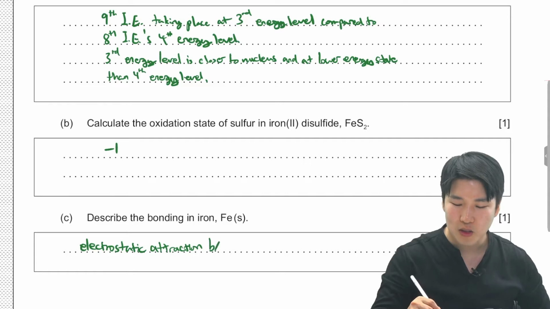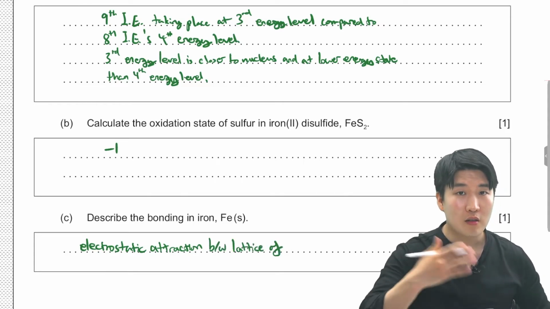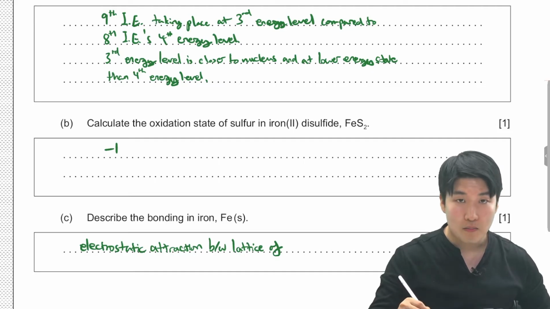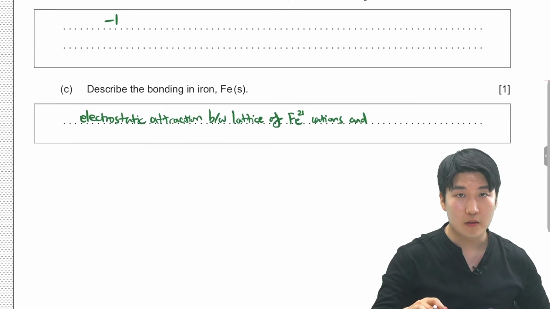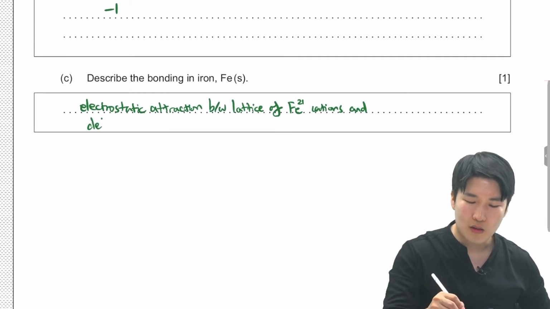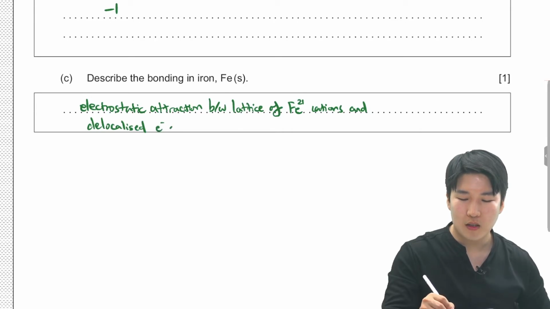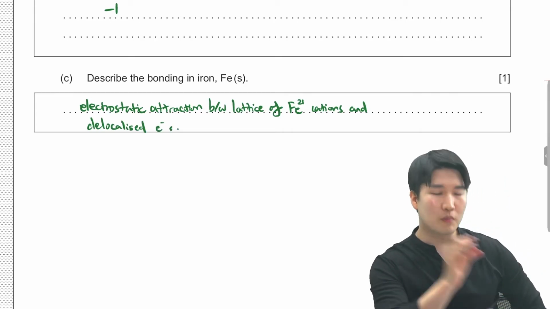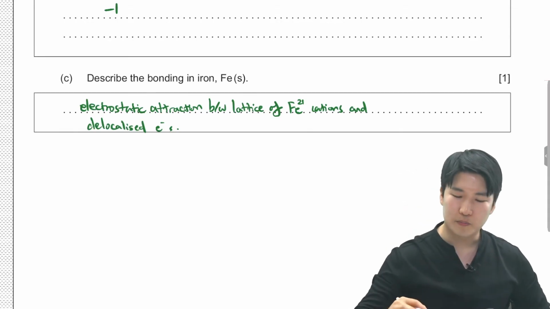Electrostatic attraction between lattice, regularly stacked metal cations, in our case iron 2+ cations, and what else? Delocalized electrons. Specifically, 2 electrons would be delocalized per every Fe atom.